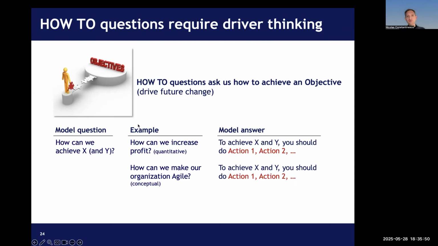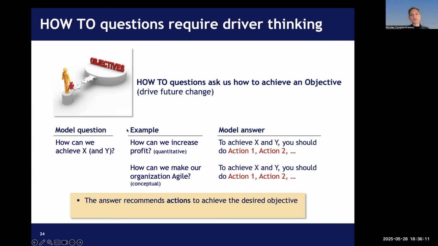It might seem obvious, but this is not trivial at all because the nature of the answer, the composition of the answer, the fact that it's based on actions means that we're going to want to think in terms of actions. And in particular, we're going to want to think in terms of change drivers or value drivers. These are fancy words for the types of actions that lead to the desired outcome.